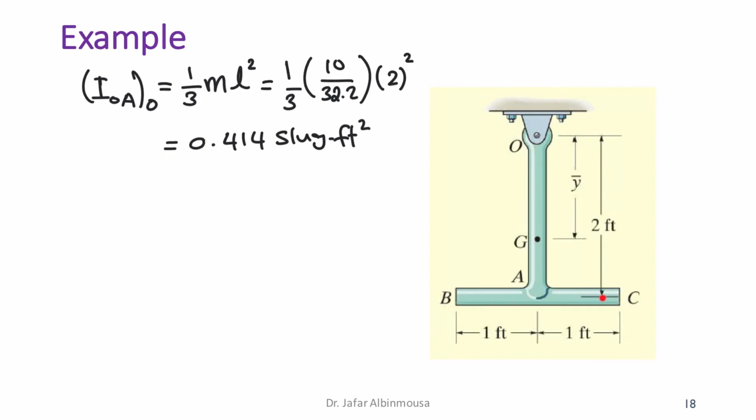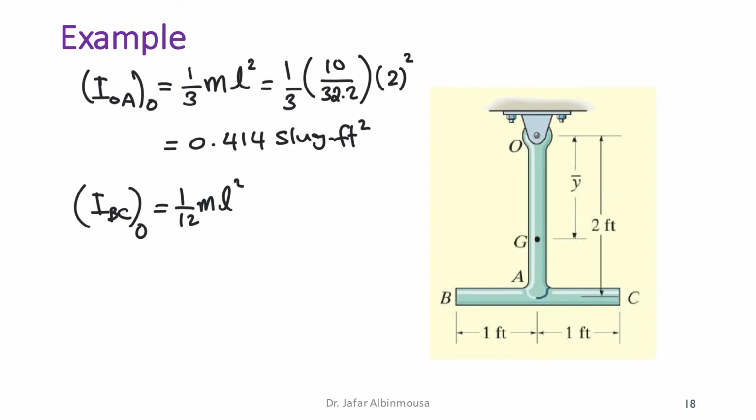Now, for the other rod, which is BC, we would need to calculate its moment of inertia about point O, not about its center of gravity. For that, we would need the parallel axis theorem, which says that first, calculate the moment of inertia for this rod about its center of gravity, and then use the parallel axis theorem, md square, to transfer it to O. So this is going to be I BC about O is equal to 1 over 12 ml square.